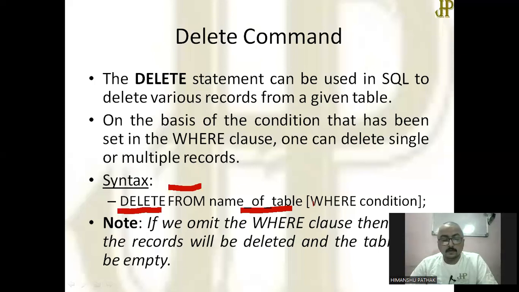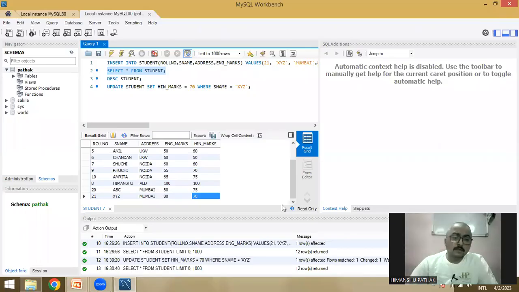Okay. Now, I want to delete these two records, ABC and XYZ. So, what can I do then? Delete from student where S name equal to XYZ.